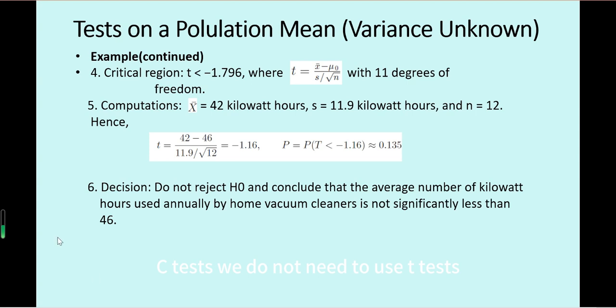We do not need to use t-test. We can use z-test because when sample size is very large, so the degrees of freedom very large, the t-distribution is almost very approximately same as a standard normal distribution. So we can safely use normal distribution.